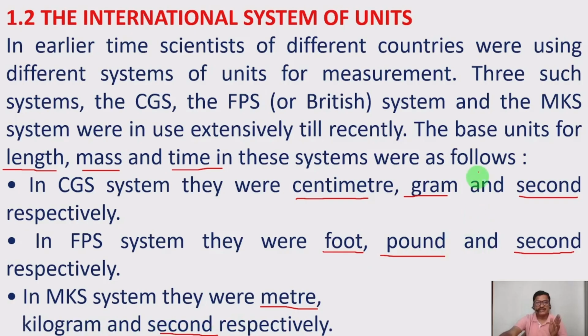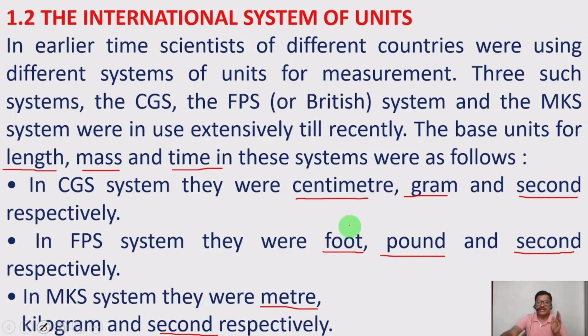Here we can see the three physical quantities, length, mass, and time, and their units, and the systems are named after their base units: centimeter gram second CGS, foot pound second FPS, and meter kilogram second MKS.